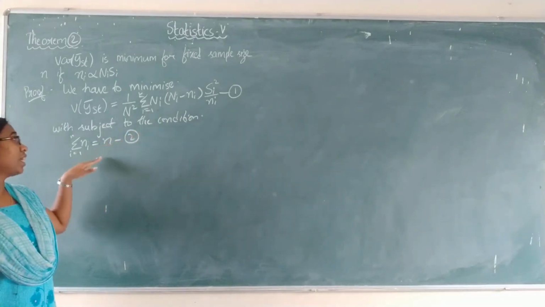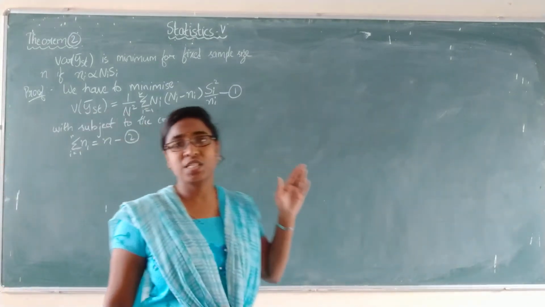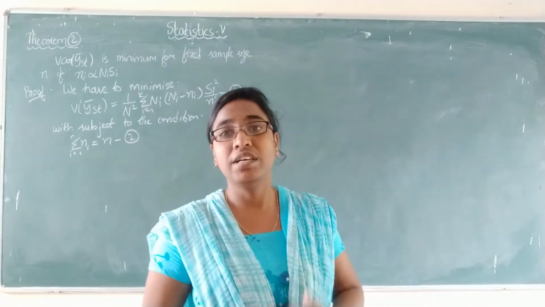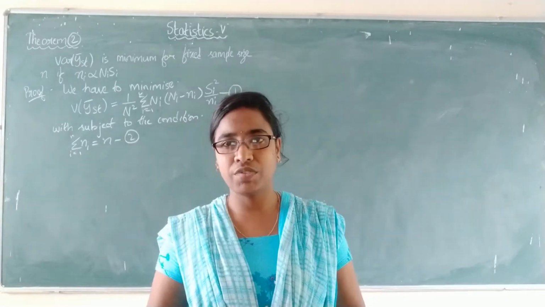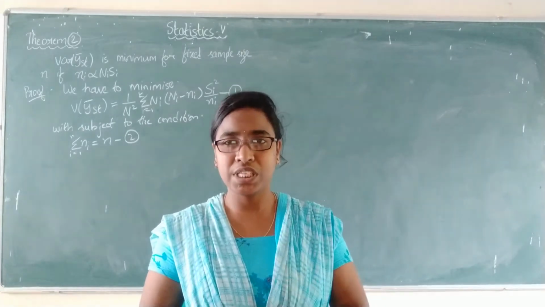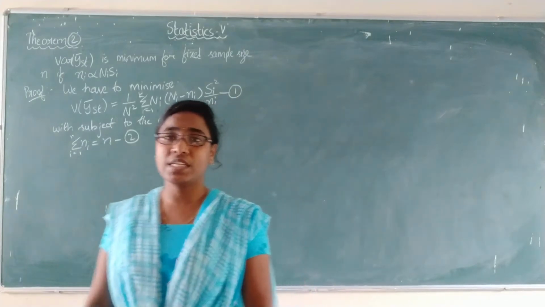Subject to this condition, the variance of y bar st is given. Now we will prove that this variance of y bar st is minimum by using the Lagrangian function. Similarly, by using that Lagrangian function only, we are going to minimize this variance.